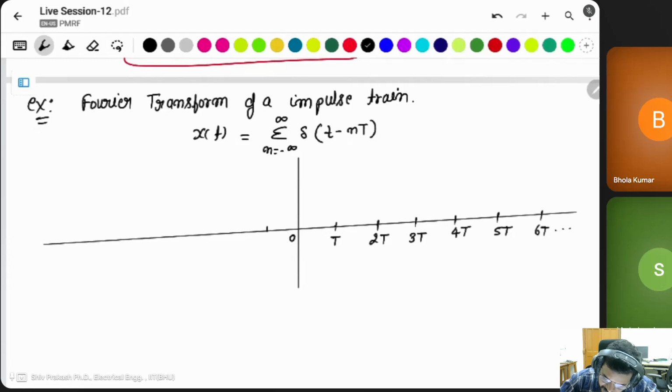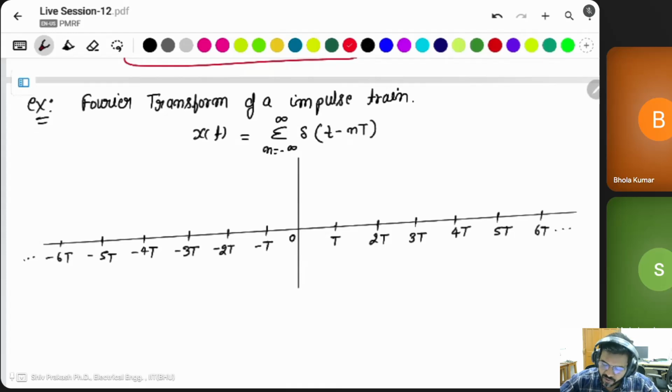Same thing in the negative way: minus T, minus 2T, minus 3T, minus 4T, minus 5T, minus 6T, like that to infinity.